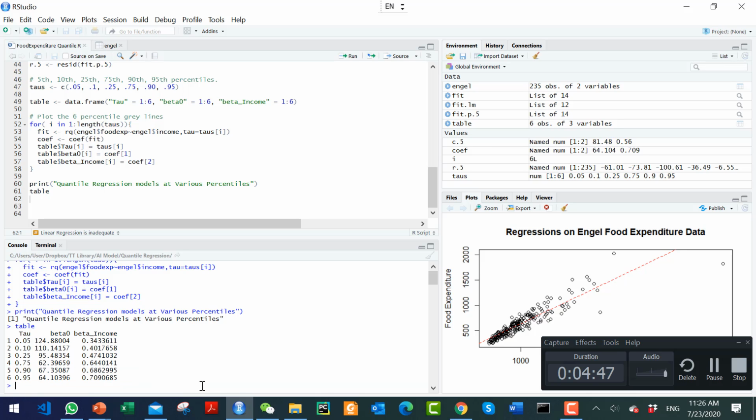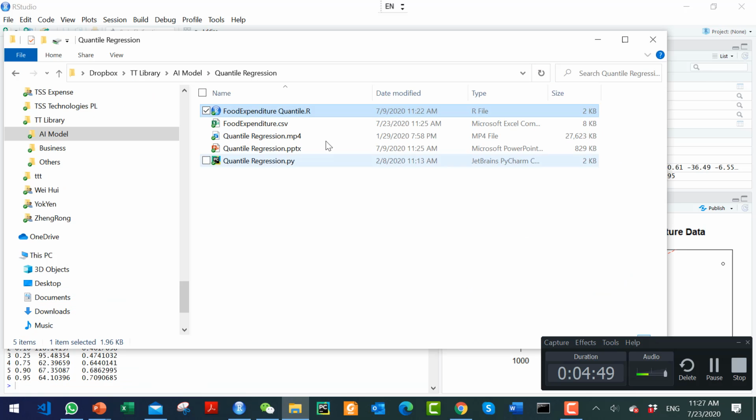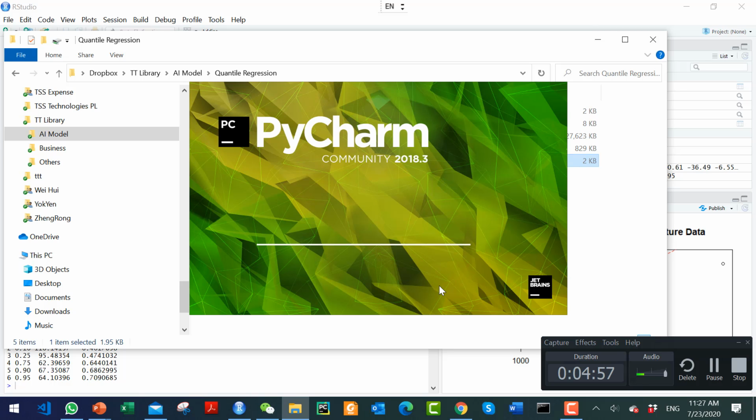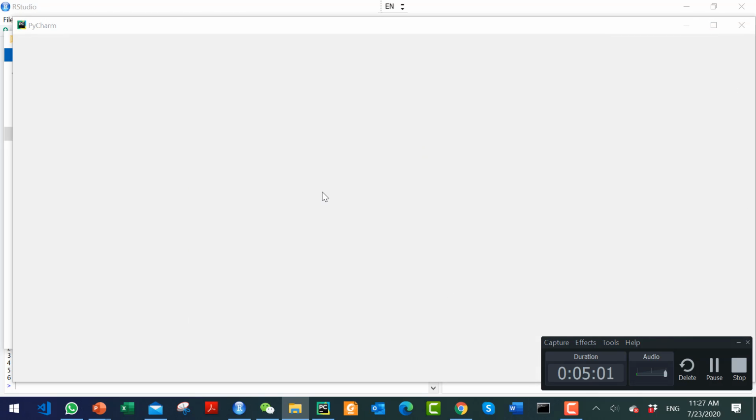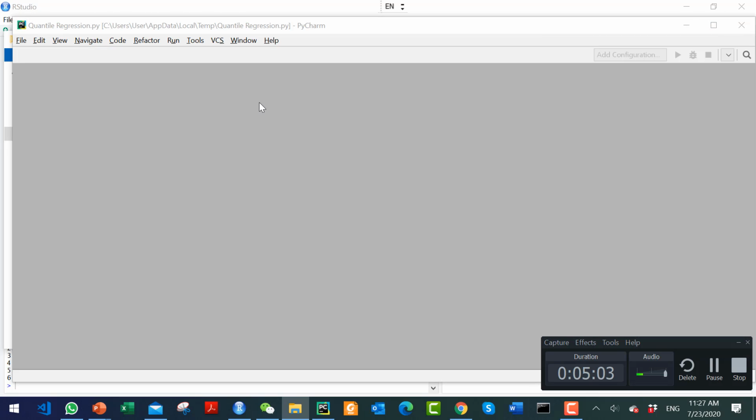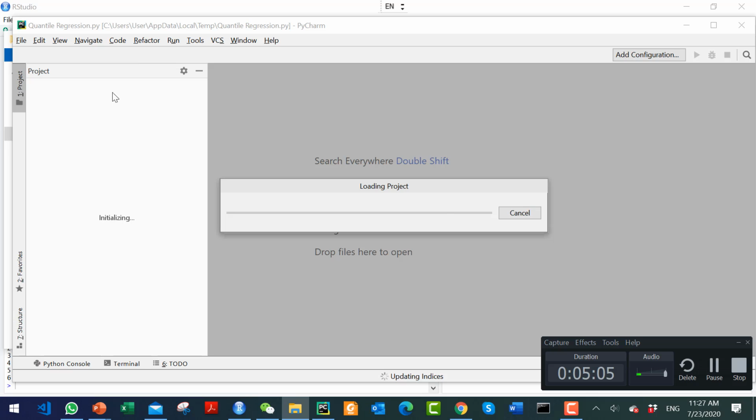We can do the same in Python. Python and R today are the top two tools, and Python is similar to the R program, where you can run the quantile regression as well.